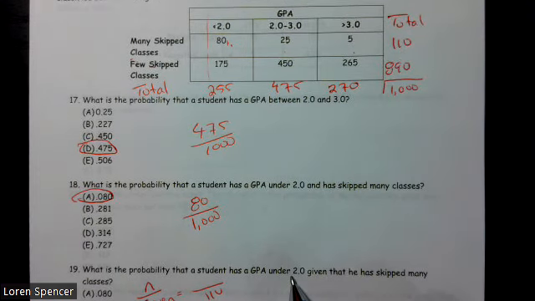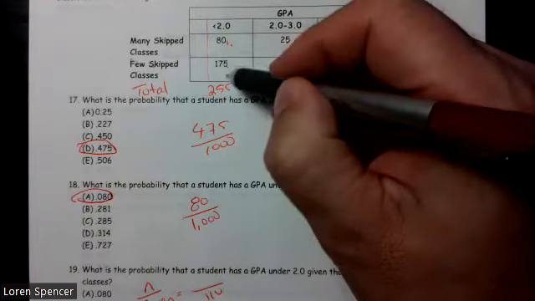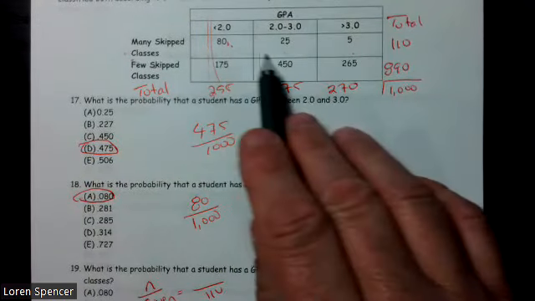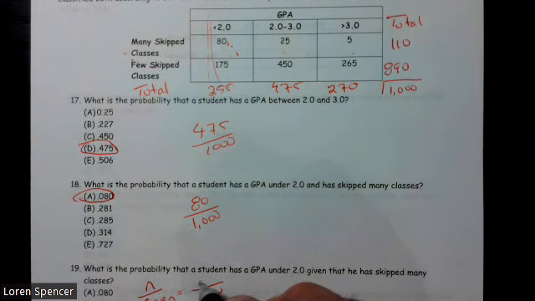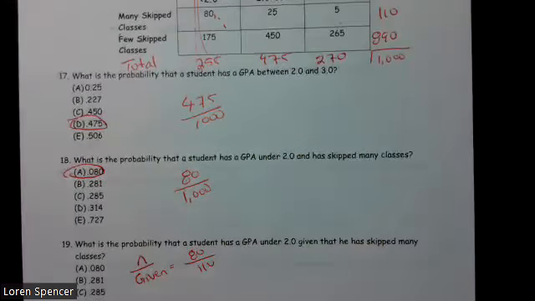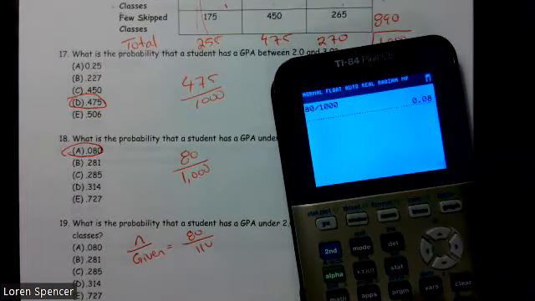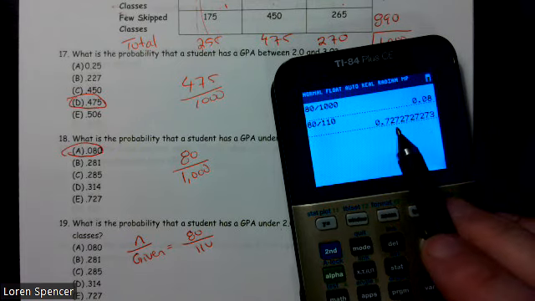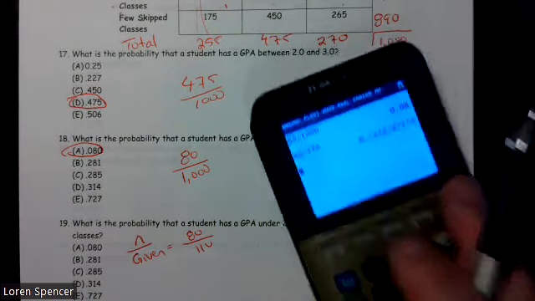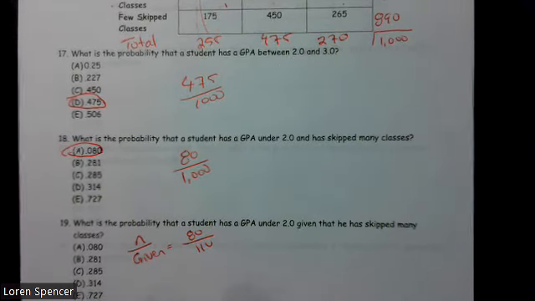And they said, what's the probability under that? Well, the intersection is right here at 80. So we have 80 divided by 110. So 80 divided by 110 is 0.727. So our answer choice on this one is E.